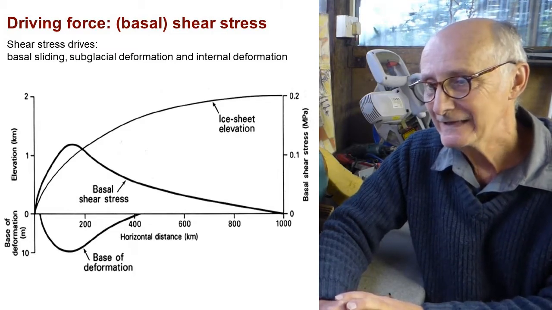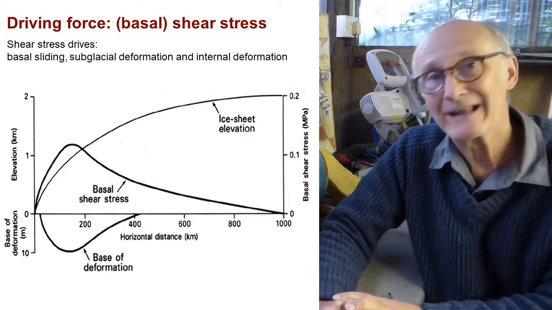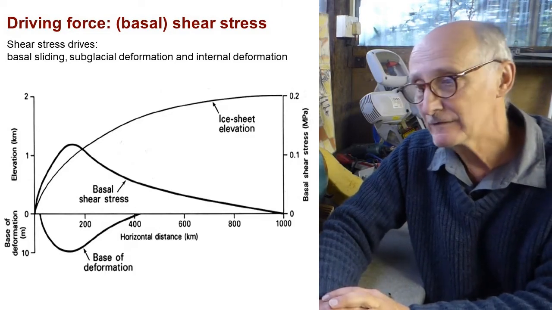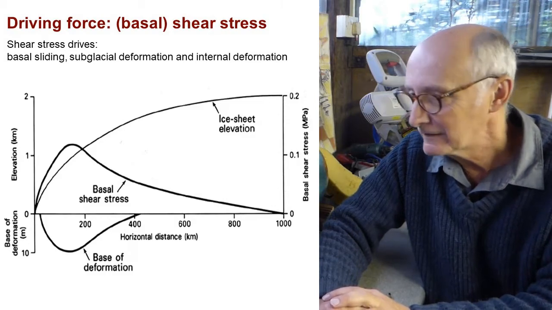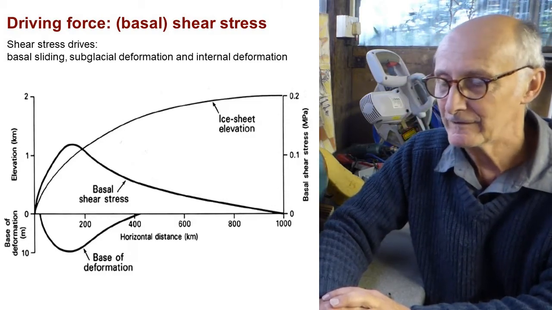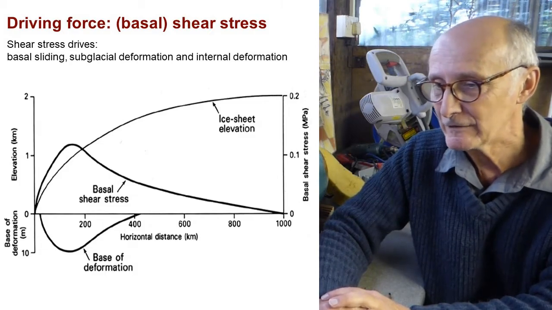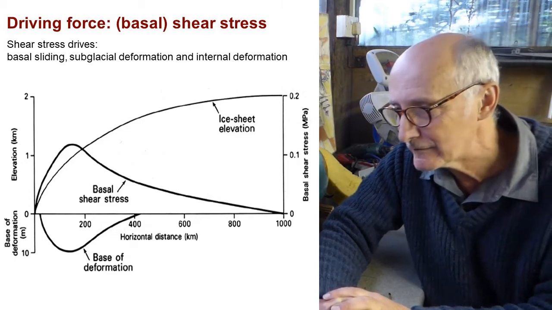Superimposed upon that is a graph of the basal shear stress, which is 0 underneath the flat surface at the centre of the ice sheet. We've talked about that before. Then, using the scale on the right-hand side of the diagram, the basal shear stress climbs as you approach the edge of the glacier, as you increase the gradient even though you're decreasing the thickness, then drops off again to 0 right at the margin, where we have 0 thickness.